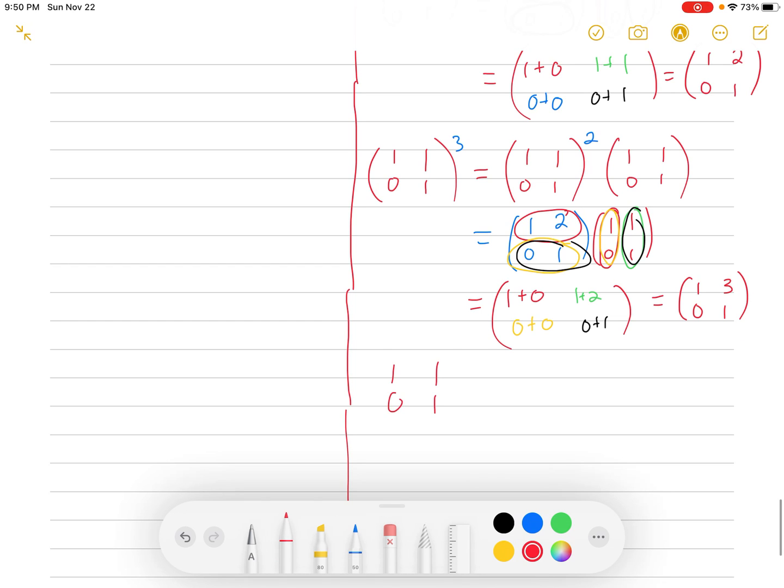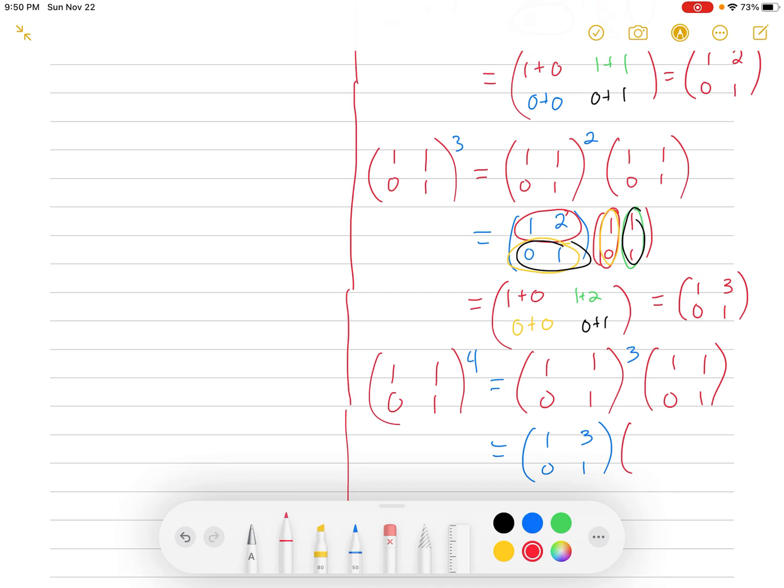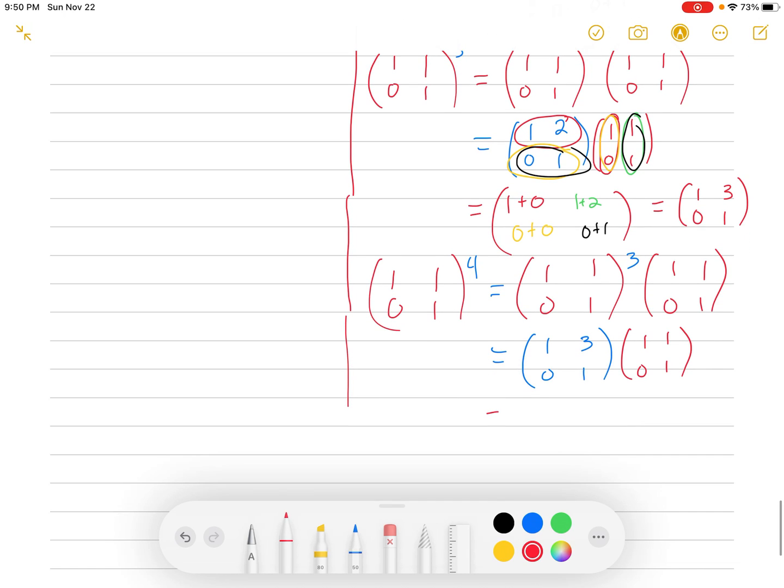[1, 0, 1, 1] to the fourth power. So that means I'm going to have [1, 0, 1, 1] to the third power times [1, 0, 1, 1]. Now we know that [1, 0, 1, 1] to the third power, we did that in the last step. It's [1, 0, 3, 1] multiplied by [1, 0, 1, 1]. So let's multiply these together.